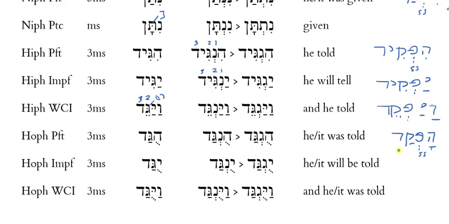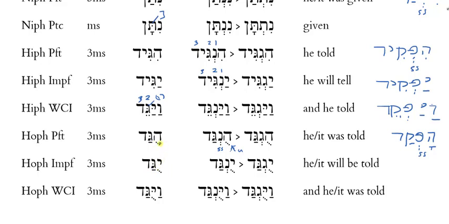I know that it's not a qamets qatuf, but it is still a short U-class vowel here. And so that's still a Hofal. Silent shva, hungad. And again, the nun is closing the syllable with hu, hun, butting up against the consonant gimel, so it will assimilate and become another gimel, and then the 2 will be written once. So huggad, it was told.